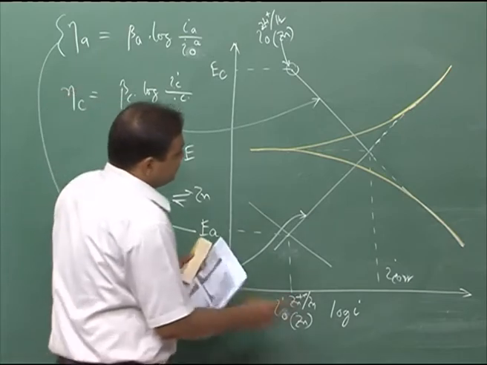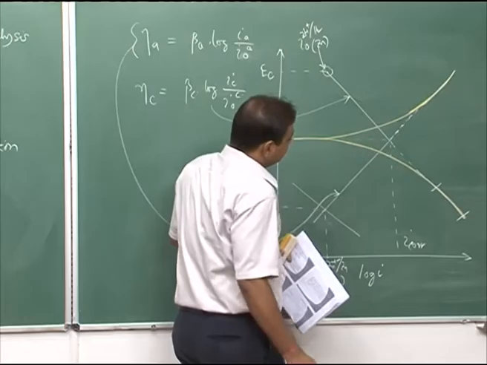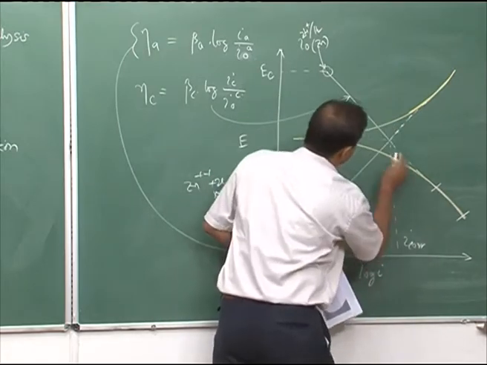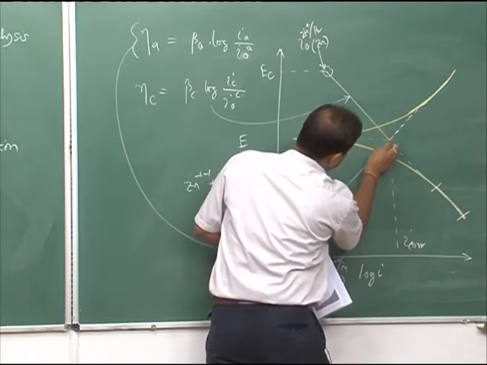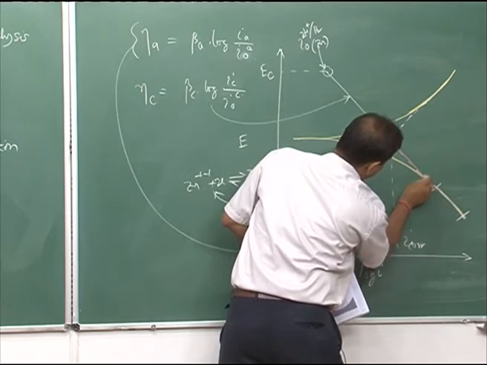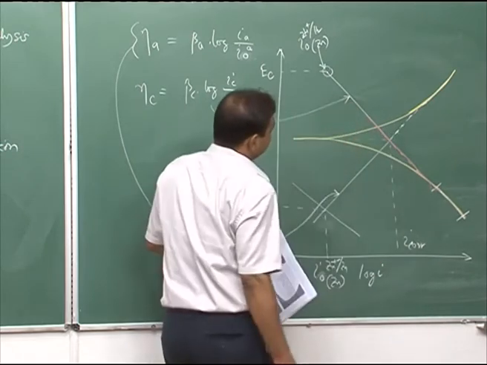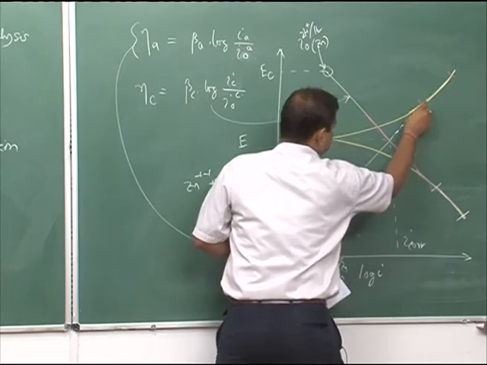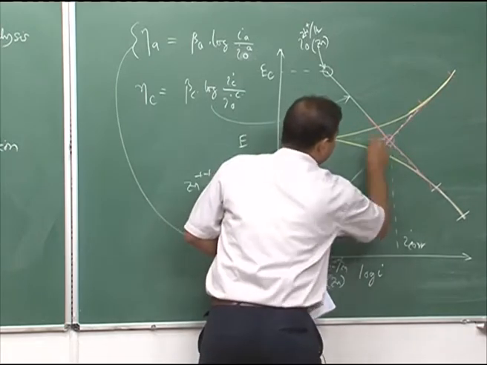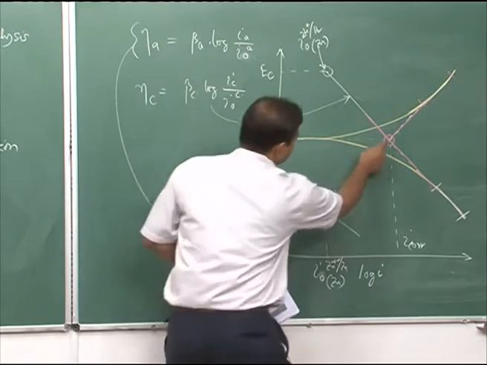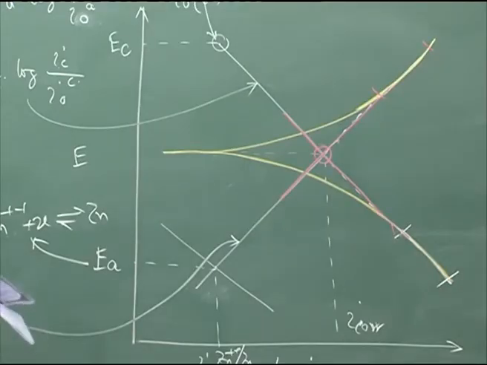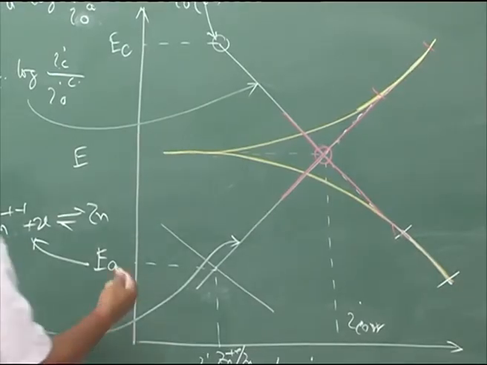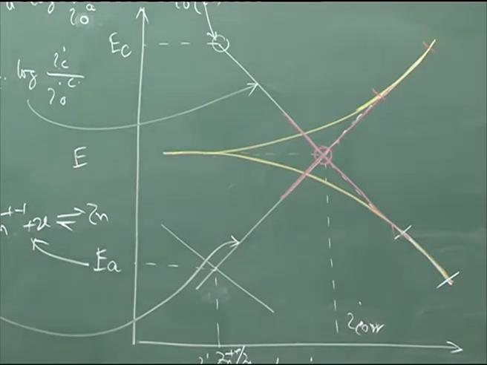Now, this is the straight line part. If we extend this straight line part, which I have extended with the red one, and this part, this straight line part, if we extend it, this is the point we would get, and this is actually nothing but I cor. Now, once we know I cor, then we would definitely get the knowledge of the corrosion rate.